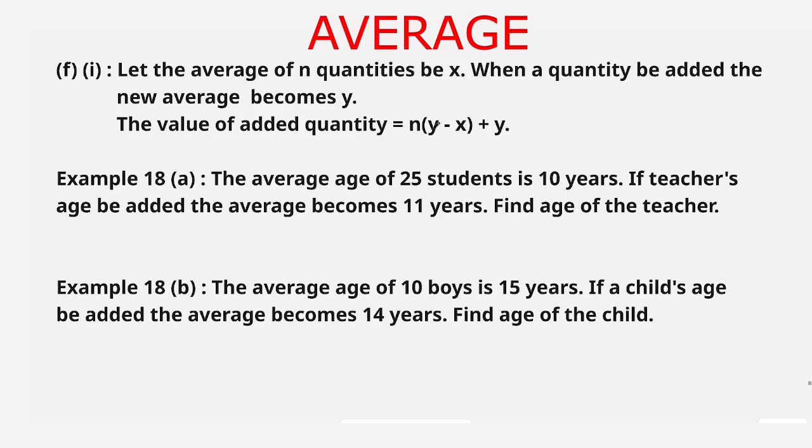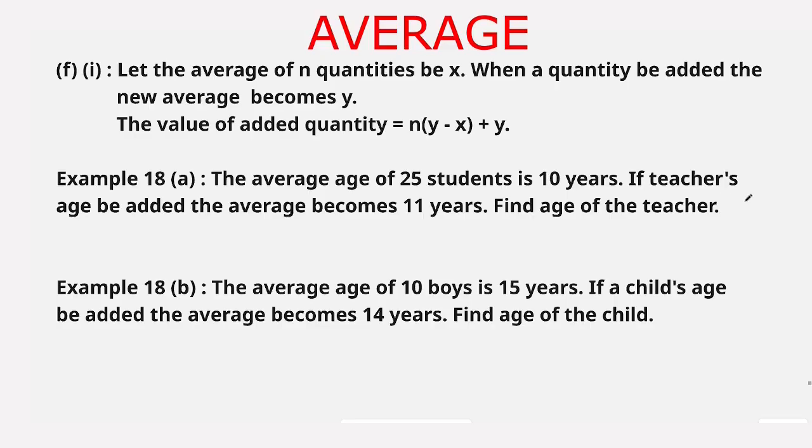Here x is the initial average and y is the final average. So this is n multiplied by (final average minus initial average) plus final average. This we will learn by example. Example 18, part A. The average age of 25 students is 10 years.